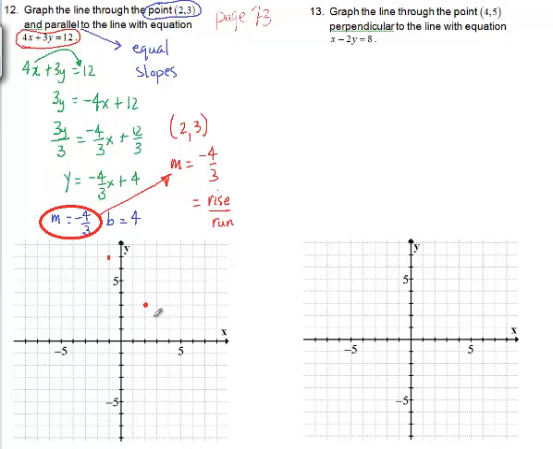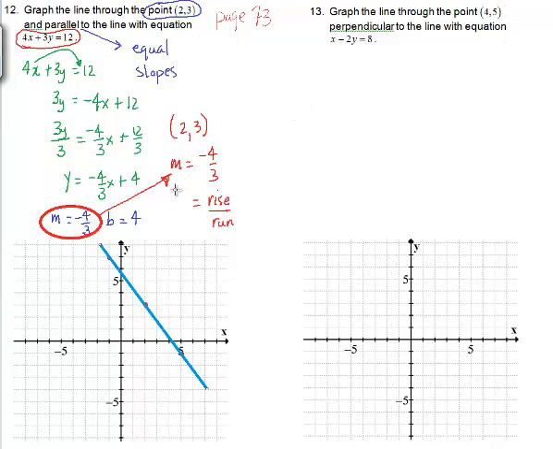Or down 4 units, 1, 2, 3, 4, and to the right, 1, 2, 3. Using those 3 points, I'll then draw my line. And there's my line right there. So there's a line parallel to the first line.